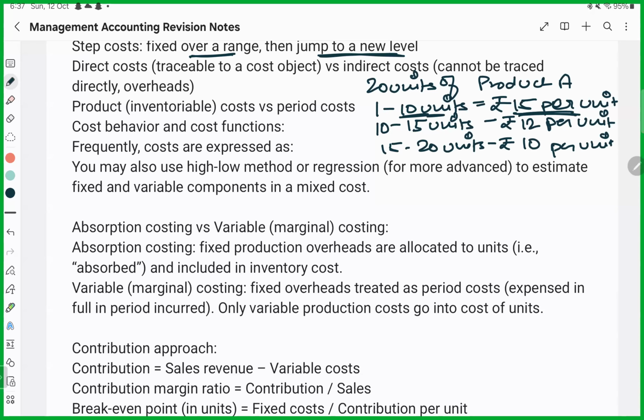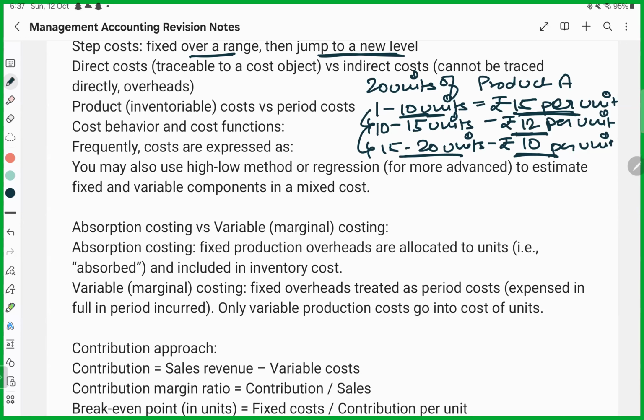But if we increase our demand to between 10 to 15 units, we just have to pay 12. So I'm saving rupees 3 per unit over here. And if I'm purchasing 20 units, between 15 to 20 units, then I just have to pay 10 per unit. As I change to a different level, from 10 to 15, I save 3 rupees per unit. If I jump from 15 to 20, I save an extra 2 rupees.